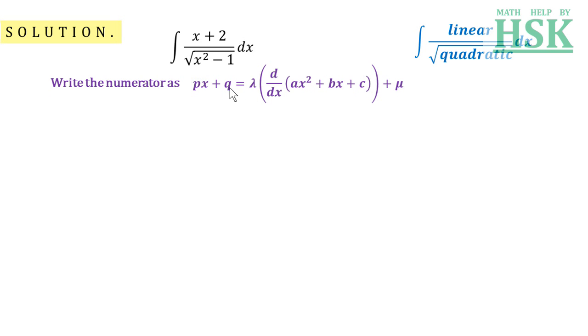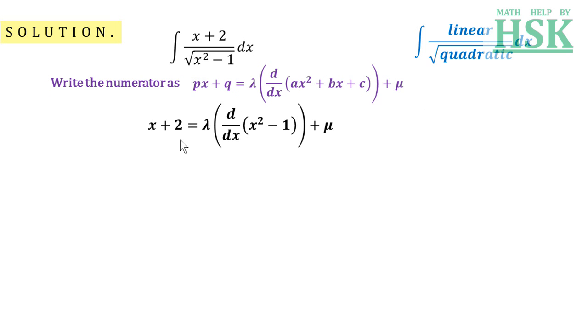Okay, so what we are going to do here, we are going to substitute x plus 2 for px plus q, and ax square plus bx plus c with x square minus 1, and calculate the value of lambda and mu. Okay, so this method is quite cool, and let us see how we are going to solve it.